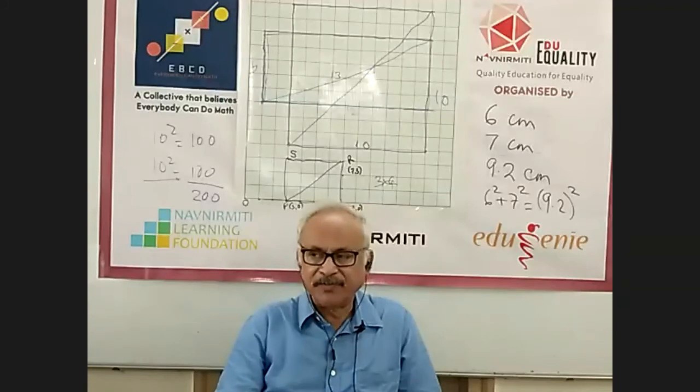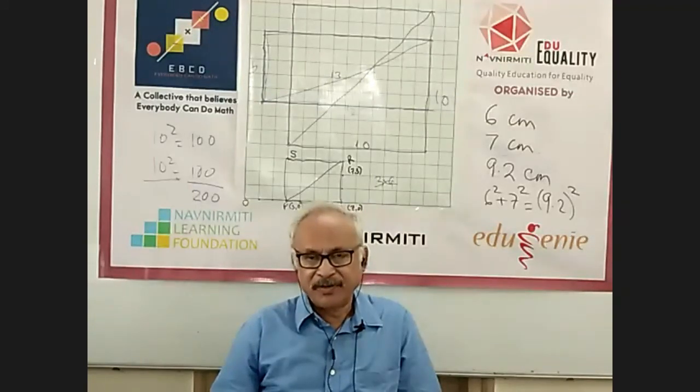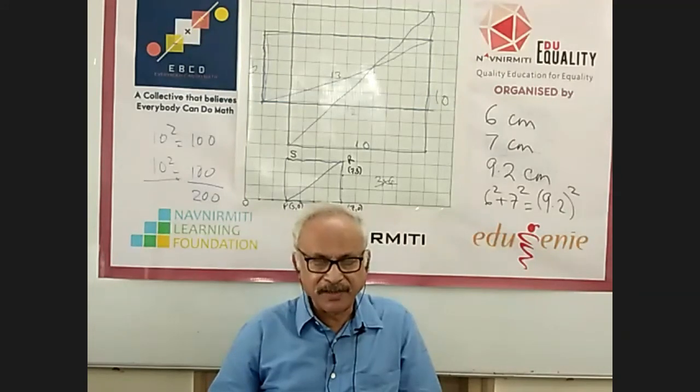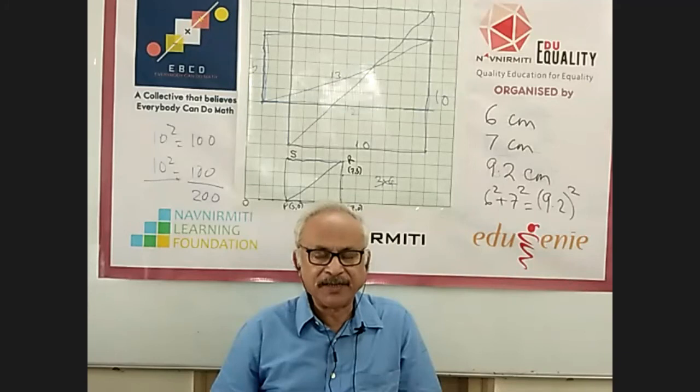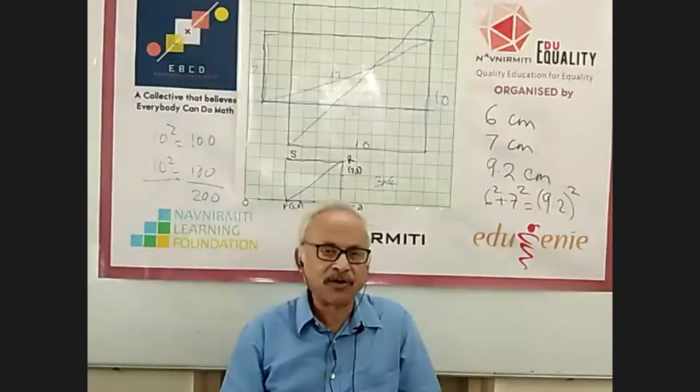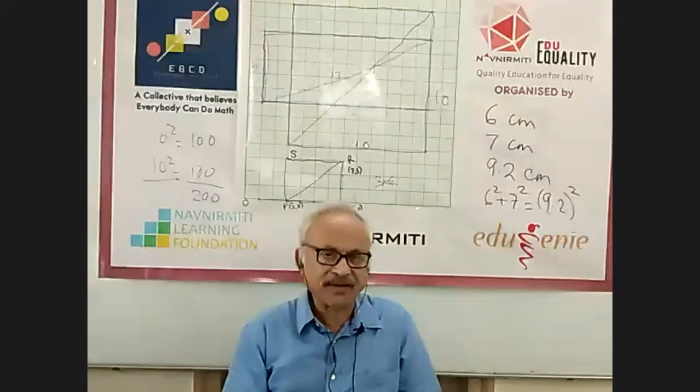The same theorem was there in Greece, Pythagoras. It is there in our ancient mathematical documents like the Shulva Sutras, and it is there in the ancient Babylonian mathematics. Babylonian mathematics is from that part of the world which is today called Iraq and Syria.